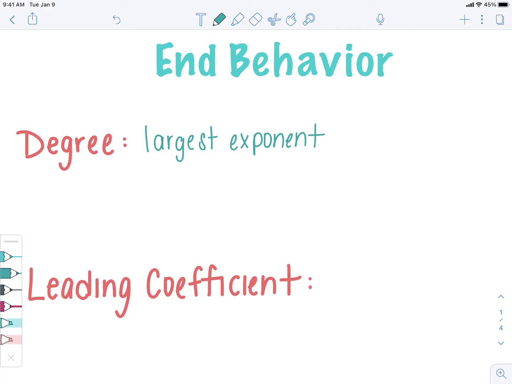So for example, if we had y equals 5x squared plus 3x minus 1, the degree is the biggest exponent, so the degree there would be 2. Because we're just looking for the biggest exponent.